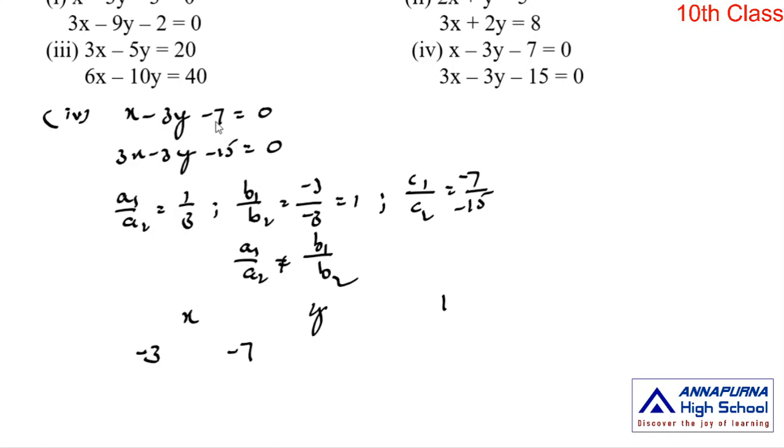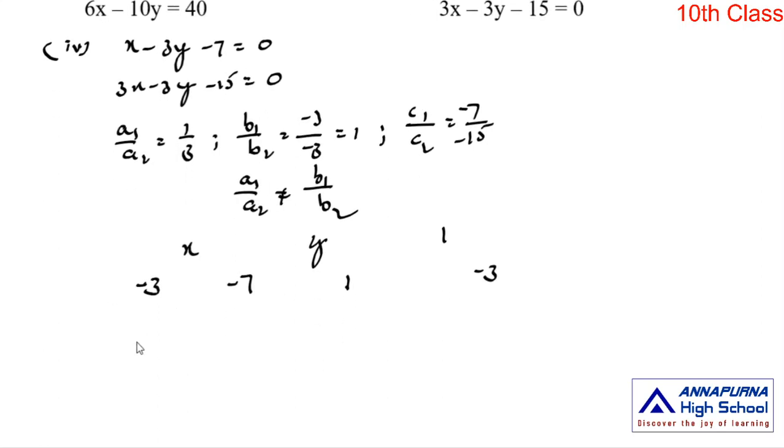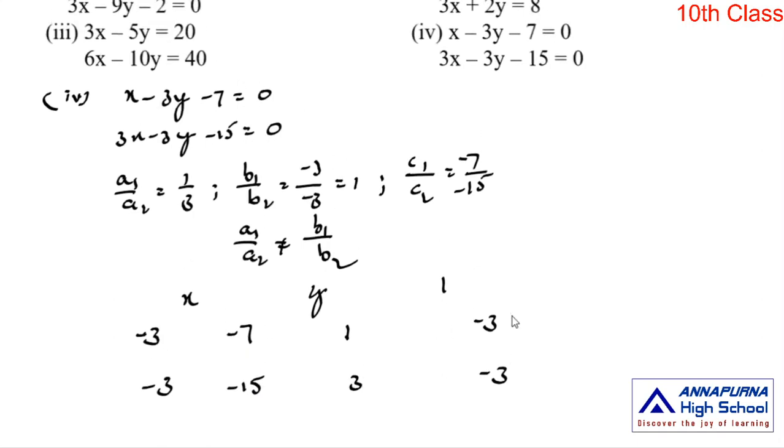Keep in your mind, the constant is present on the left side, so you take that constant as it is, and then the x coefficient 1, again the y coefficient minus 3. Next, in the next equation also we arrange the coefficients in the same order. First the y coefficient minus 3, next the constant minus 15, next the x coefficient 3 and then again the y coefficient minus 3.